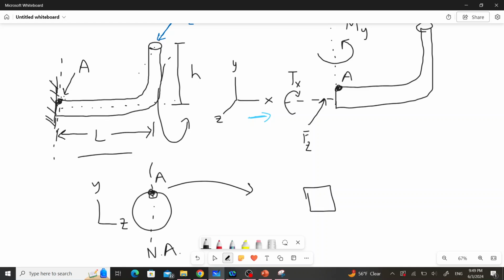and see what stresses we have. Okay, we know that the torsion, the way we drew that, is acting like this. That would be the torsion. So that's what's twisting this tubular shape, this circular cross section.